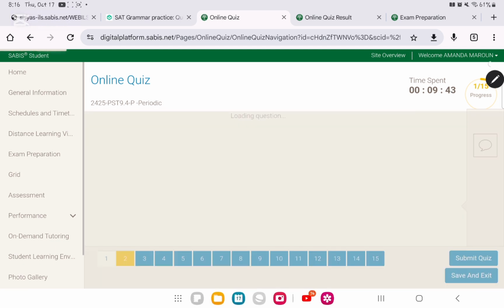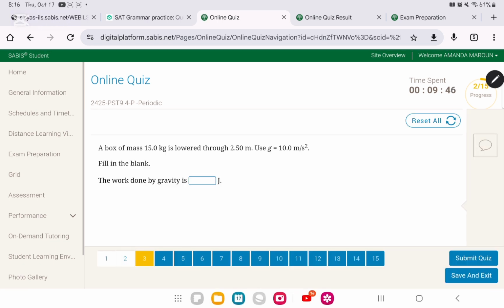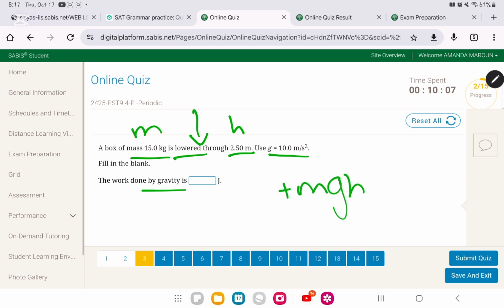Question number 3. A box of mass 15 kg is lowered through 2.5 meters. First thing, mass. Second thing, lowered through 2.5 meters. This is the height, and we have g. They need the work done by gravity. Anytime we see gravity, if it goes down, it is plus mgh. If it goes up, it is minus mgh.